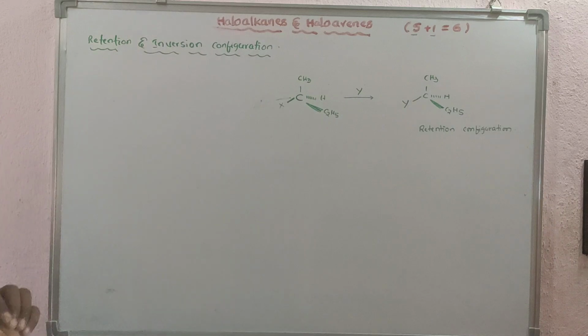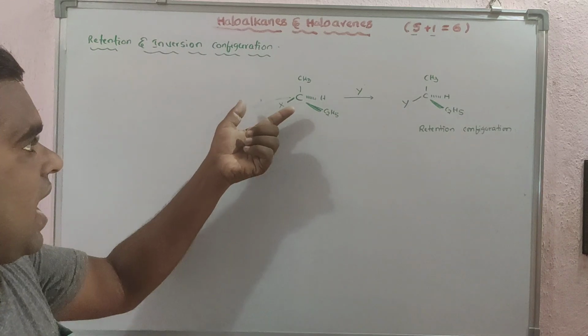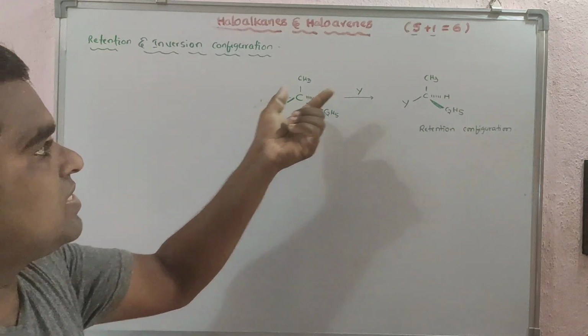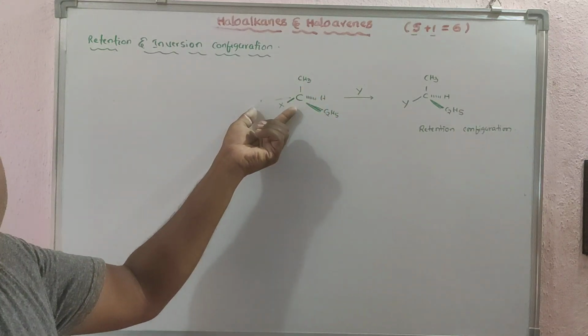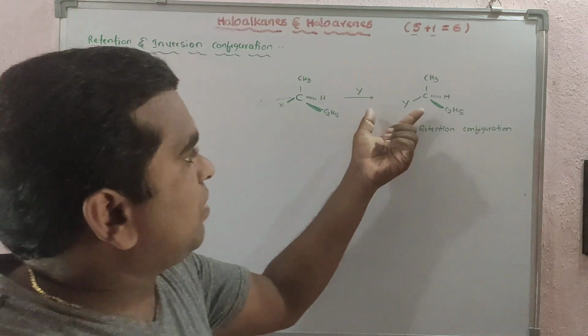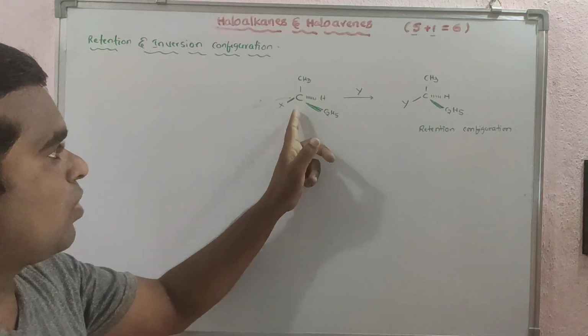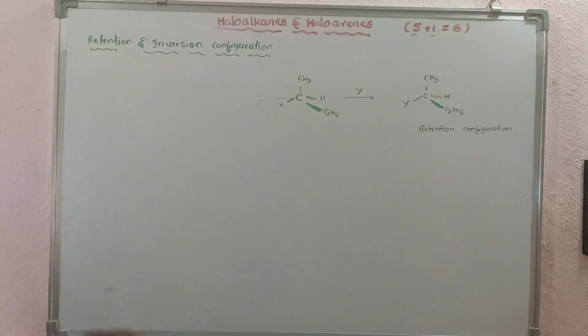Retention means X is substituted by Y, and where the X is present, there only Y occupies. Then you will get retention of configuration. There is no change in the configuration of this compound.